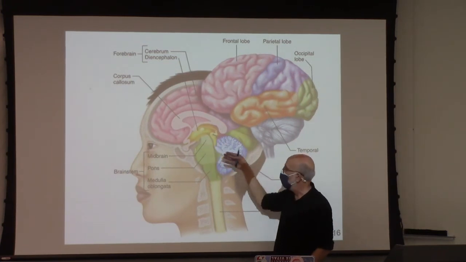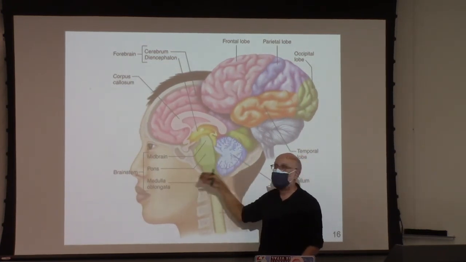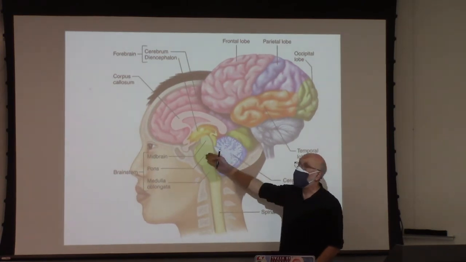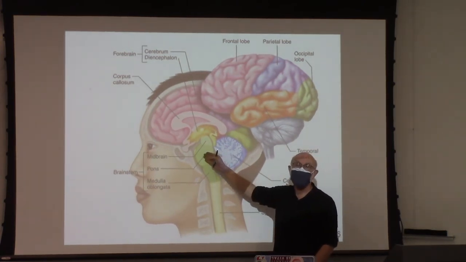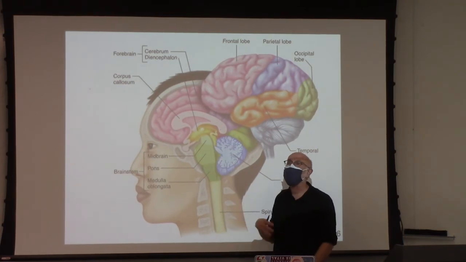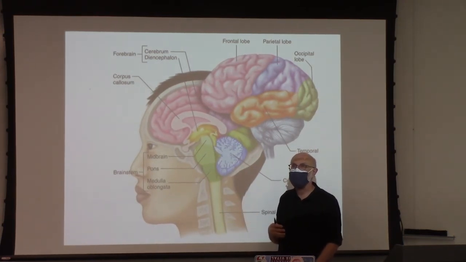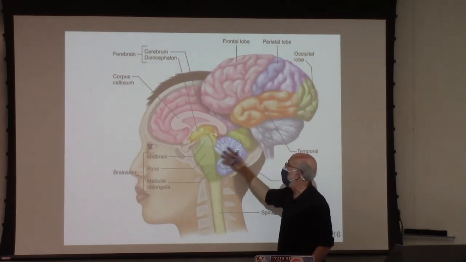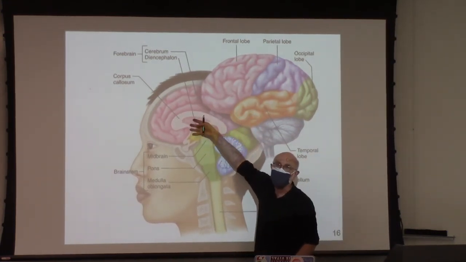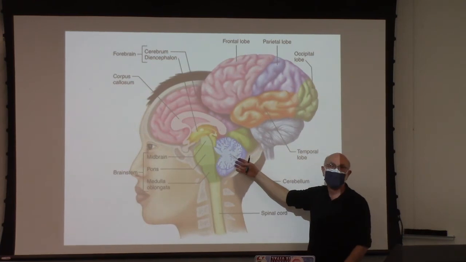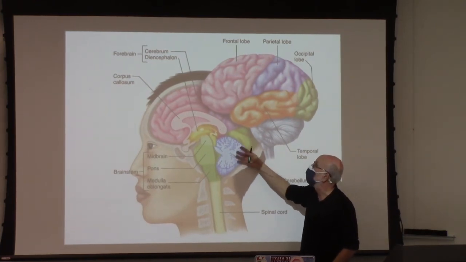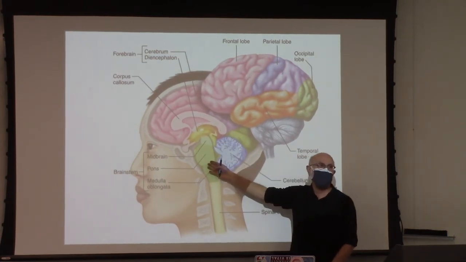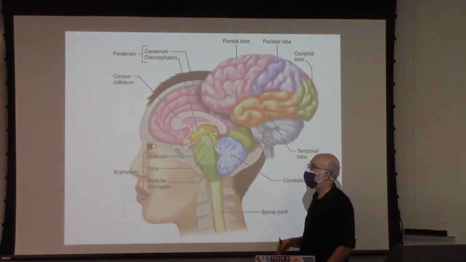I do want you to know these words and their order, which one is which. The pons is Latin for bridge. Some of you may know pontine as an adjective that describes a bridge. It's a bridge between the brain and the cerebrum and the cerebellum. So the cerebellum is connected to the cerebrum via the pons. That's the bridge.